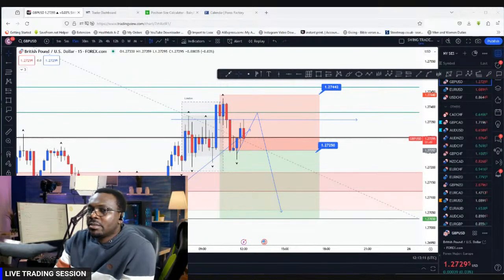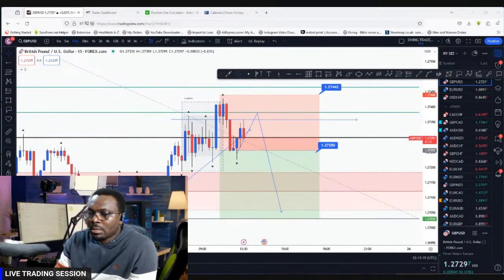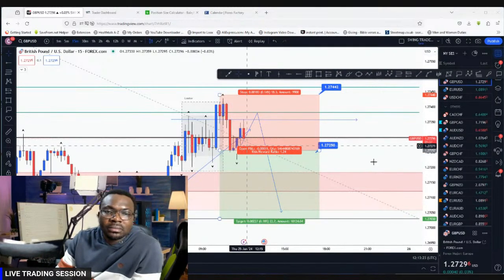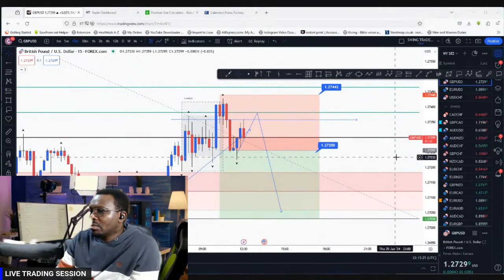Yeah, that's a bearish drop right there. Look at that. It's closing bearish.